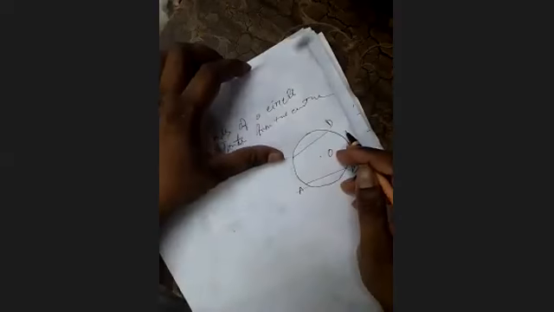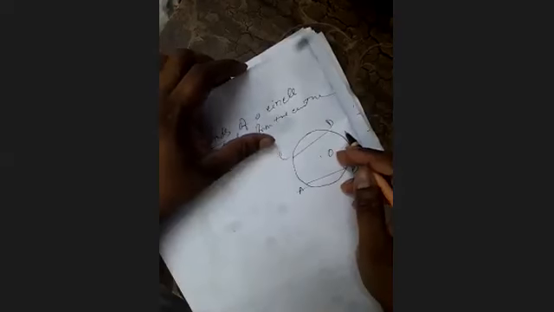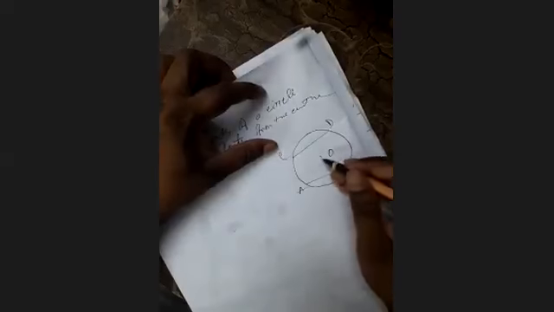You have to show that the perpendicular distances from center O to AB and CD are equal. Draw a perpendicular OE to AB and a perpendicular OF to CD.